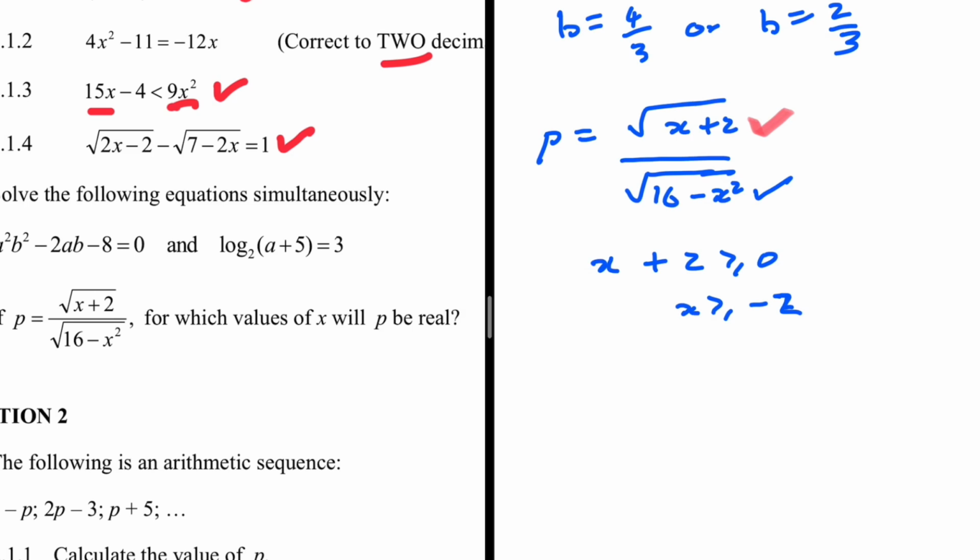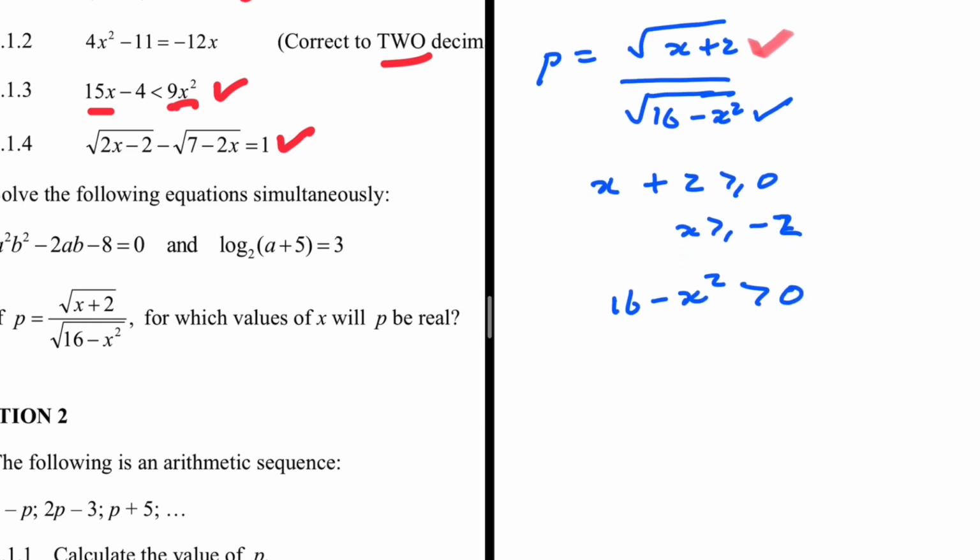The numerator can be 0, no problems, but our denominator cannot be equal to 0. Right, so we're going to get 16 minus x squared being greater than 0.